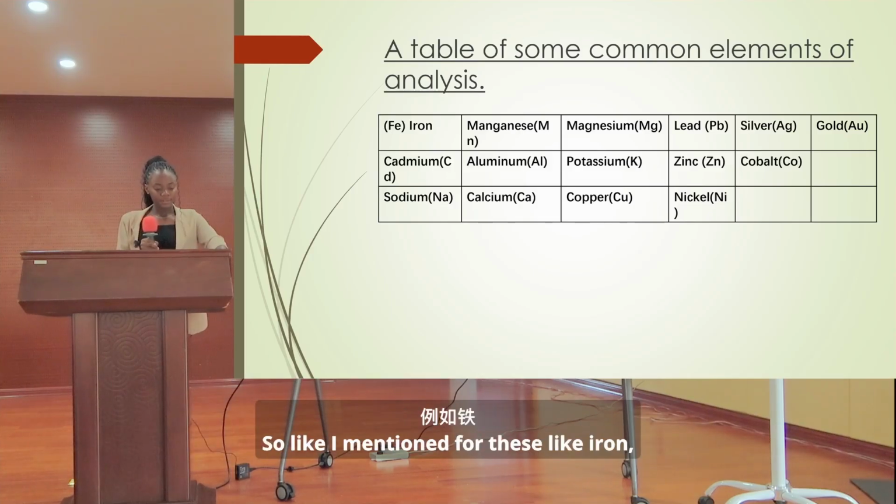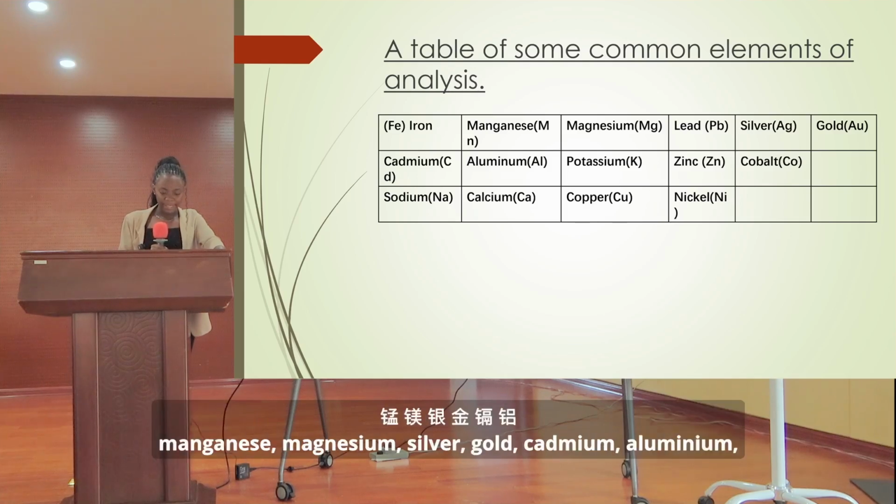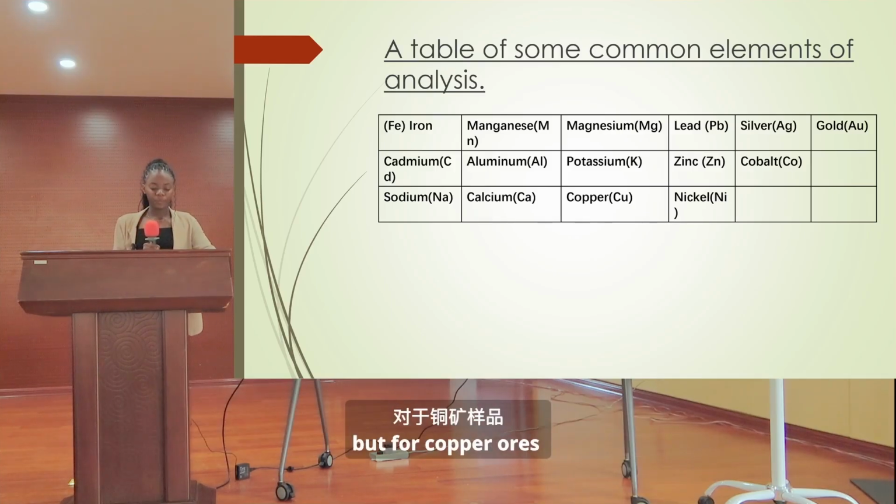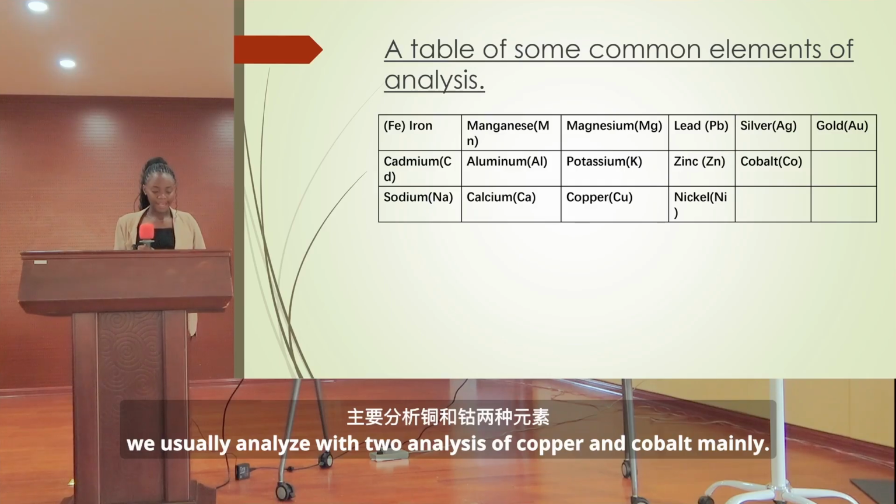Like I mentioned, for iron, manganese, magnesium, lead, silver, gold, cadmium, aluminium, potassium, zinc, we usually do this in water samples. But for copper ores, we do analysis of copper and cobalt mainly.